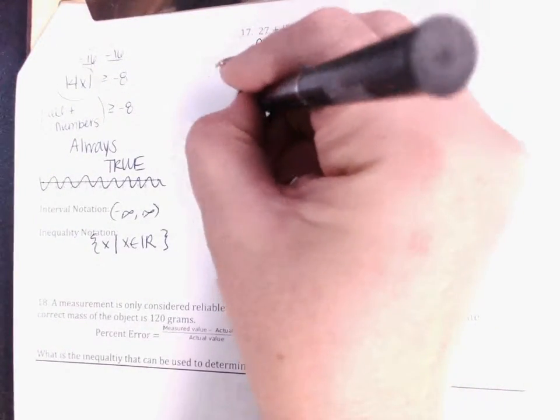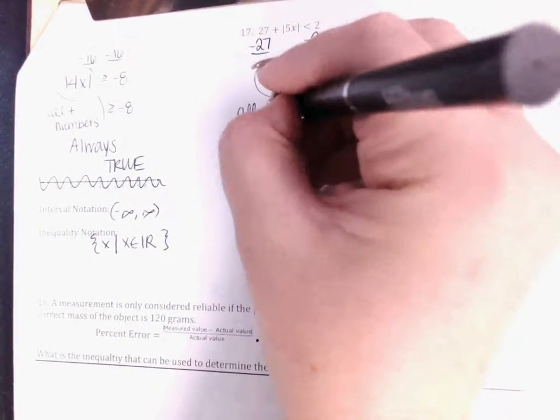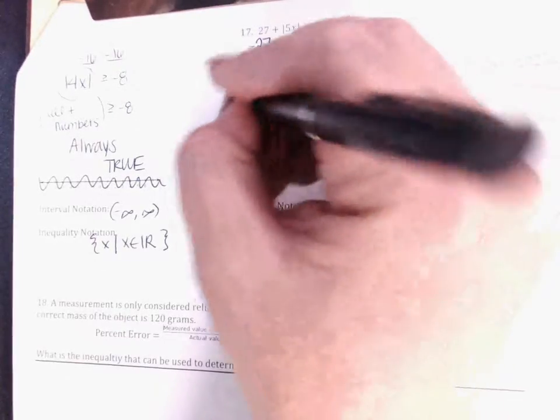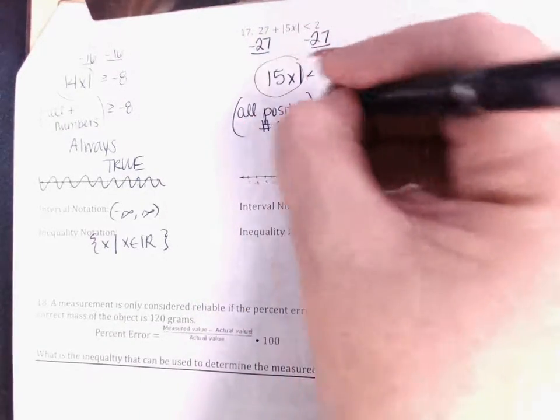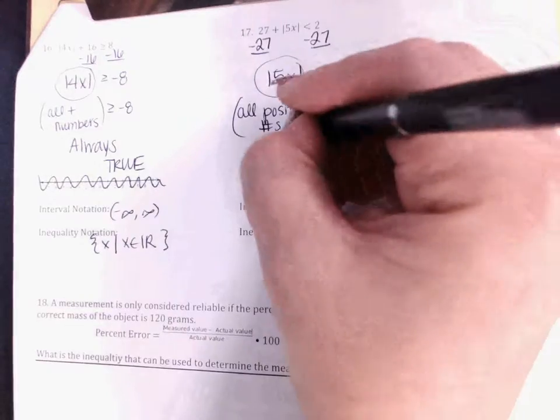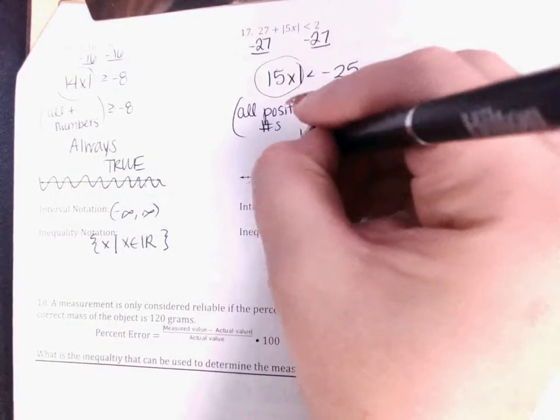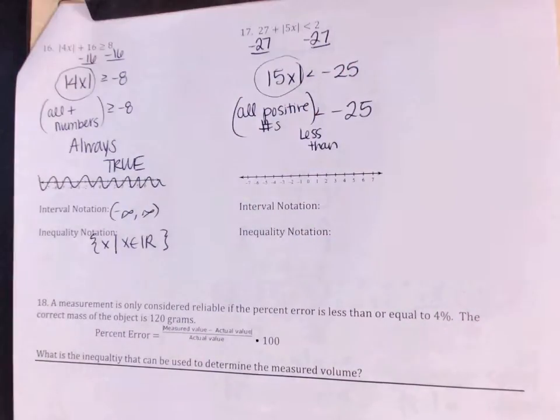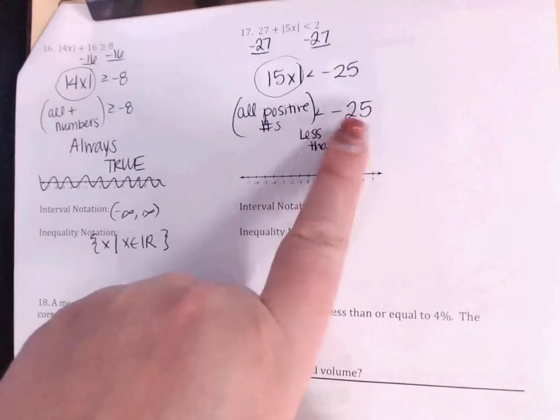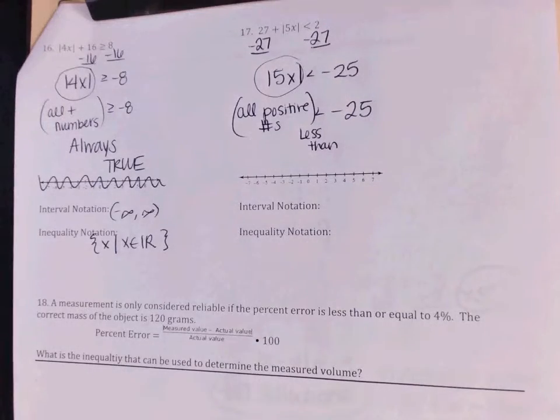They're all going to be what? Positive. Yeah? They're all positive numbers. Can a positive number be less than negative 25? Is that even possible? Can a positive number be less than negative 25? No. So that would be no solutions.